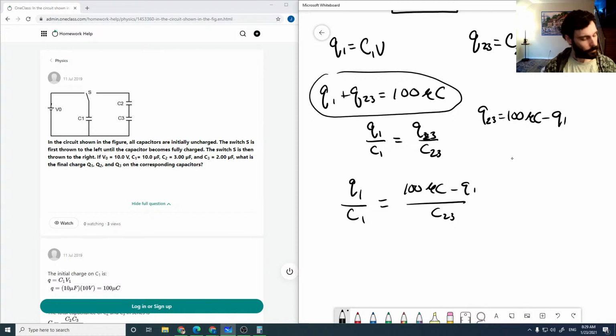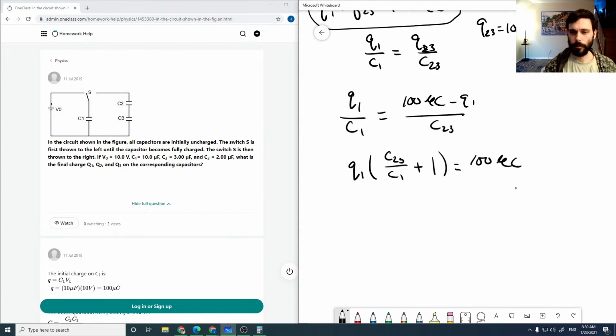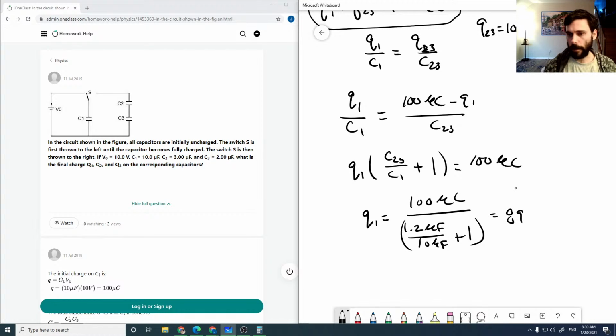So then we can say that Q1 times C23 over C1 plus 1 is equal to 100 microcoulombs, or Q1 is equal to 100 microcoulombs over 1.2 over 10 plus 1, which is equal to 89.29 microcoulombs.